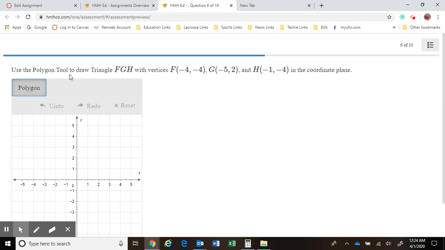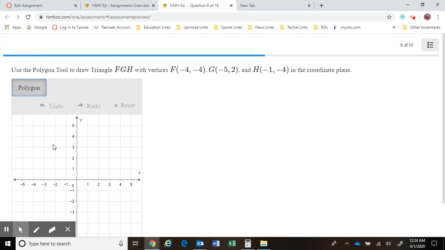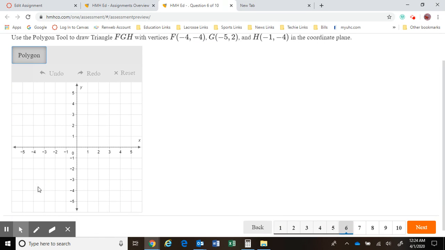It says use the polygon tool to draw triangle FGH with vertices F at -4, -4, G at -5, 2, and H at -1, -4. All right. So let's see. We're going to place a dot at -4, -4. So I'm going to go left 4 and down 4. There's 1.